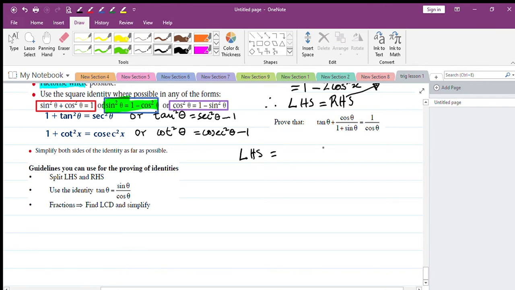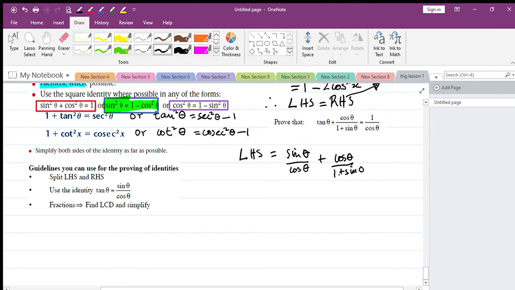I change tan theta to sin theta over cos theta, so this is sin theta over cos theta plus cos theta over 1 plus sin theta.